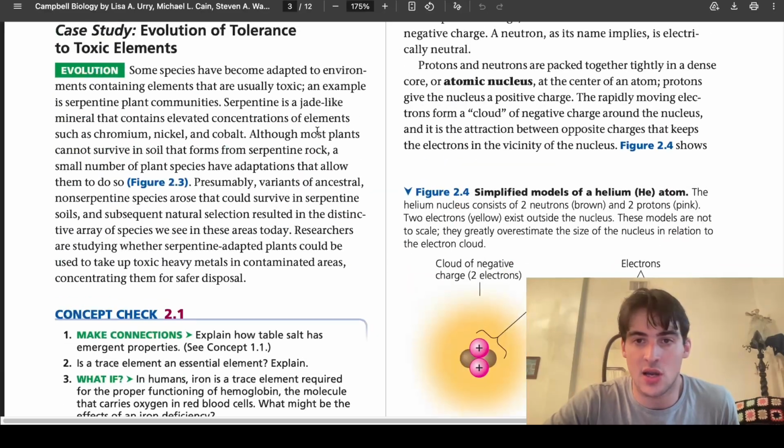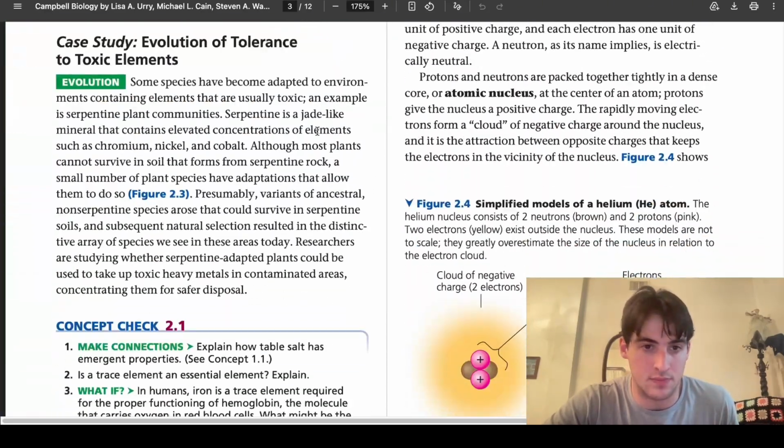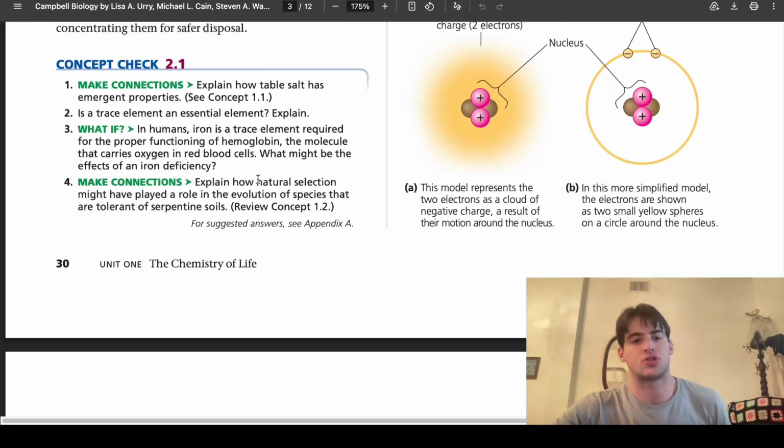I think it said so in the table up here, but I kind of want to guess. I'm going to say yeah, because it might still have some kind of use in the body, in at least some kinds of organisms.